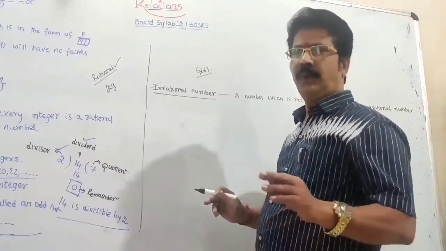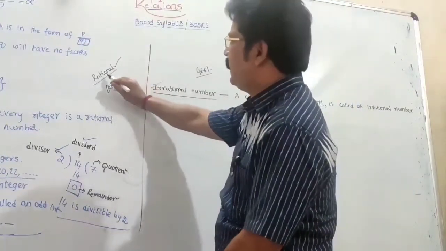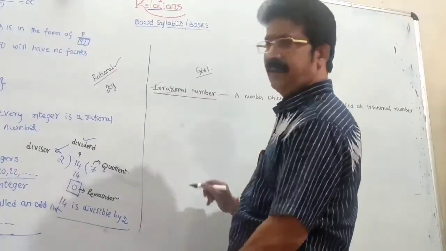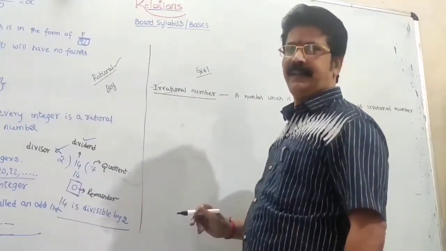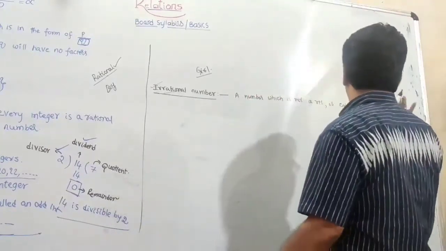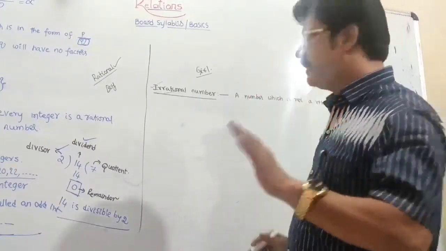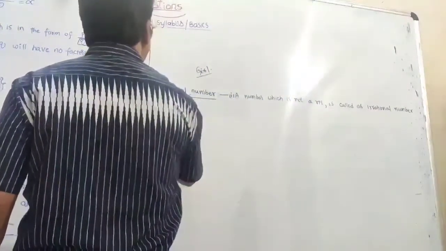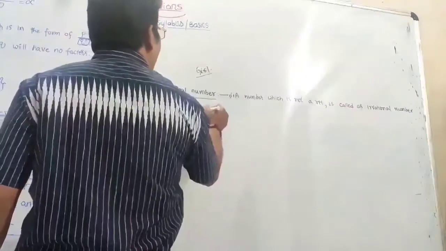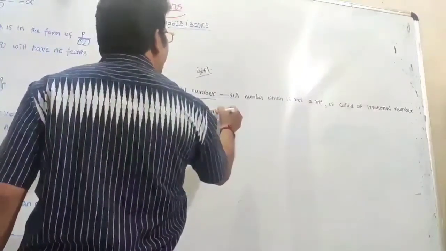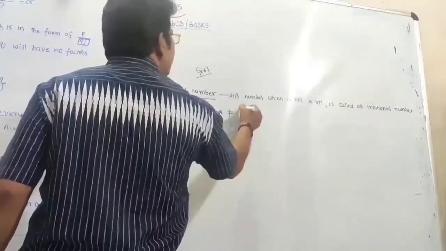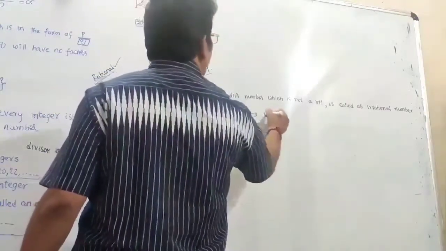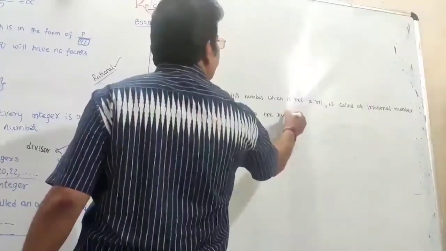This is the simple definition. Another definition is there. This is the first definition. Second definition: a number which cannot be expressed as P by Q is called an irrational number.